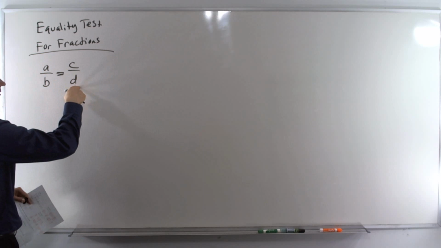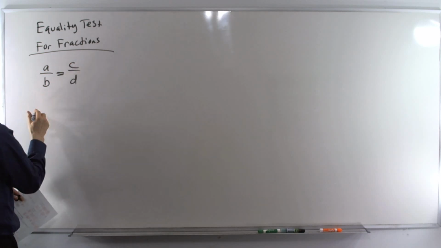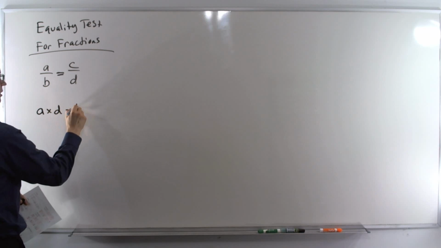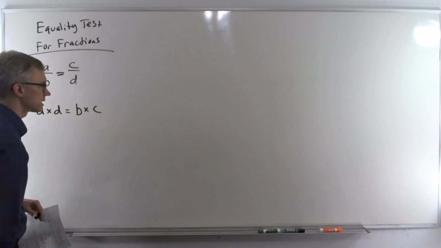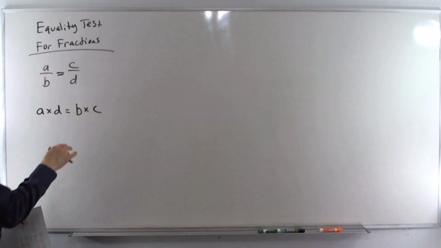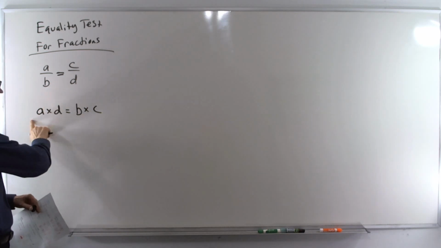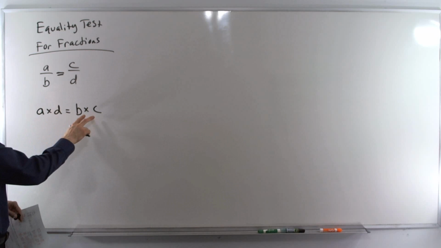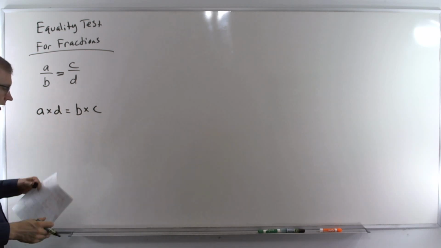Numerator times the denominator of the other fraction. So that means A times D equals B times C. So if we have two fractions that we think might be equal to each other, if you perform the equality test, it'll tell us whether or not they are. These two products should be equal to each other.